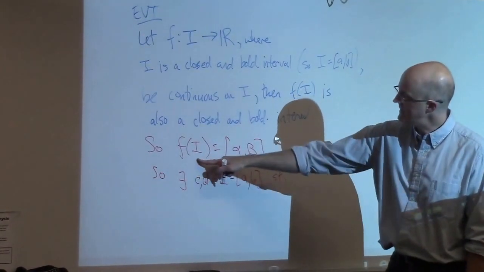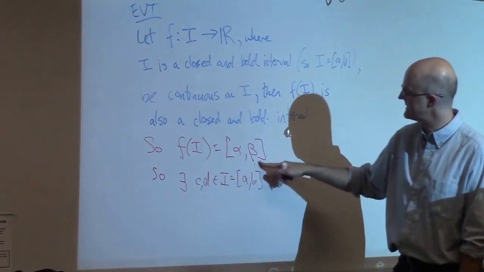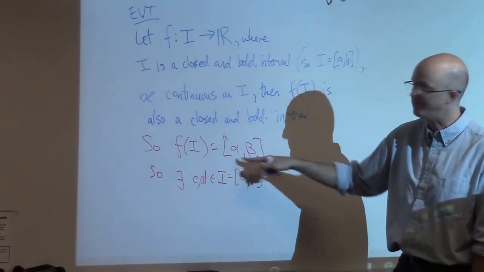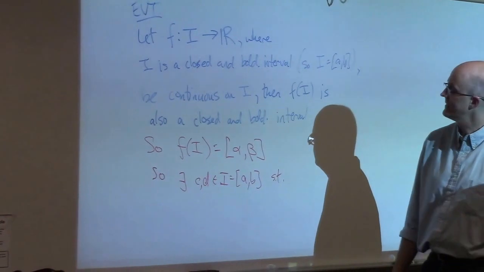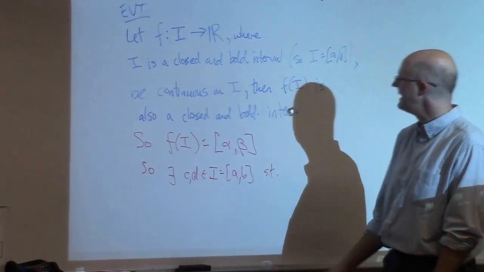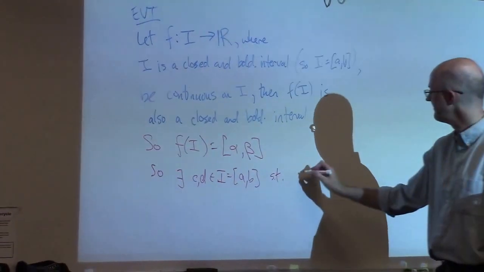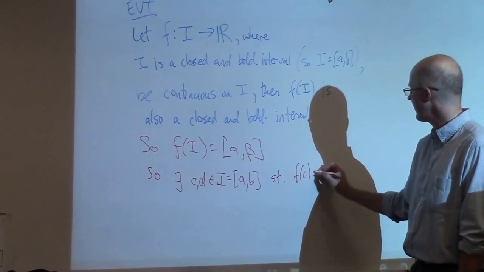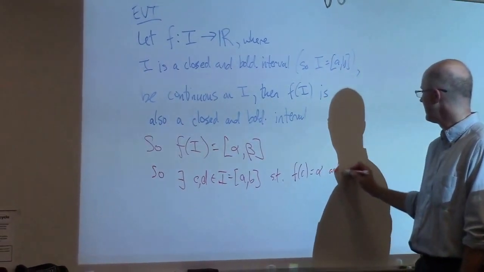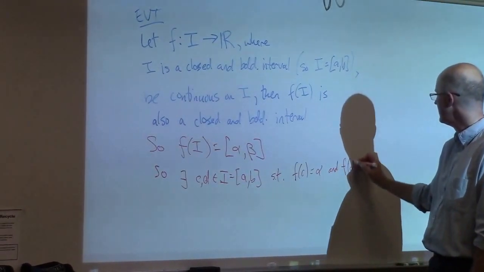If you're saying the direct image of I under f is this entire closed interval, that means alpha and beta are outputs of f. There have to be points in I that get mapped to alpha and beta. f of c equals alpha, and f of d equals beta.